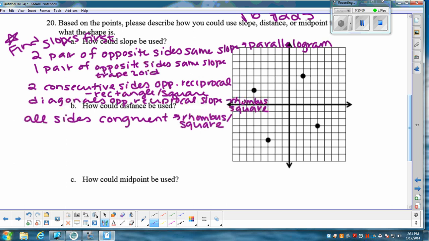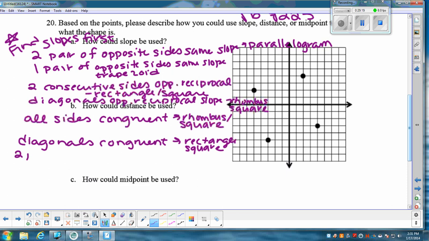If we have our diagonals congruent, we have a rectangle or a square. If we have two pairs of opposite sides congruent, we have our parallelogram, so opposite sides have the same distance.